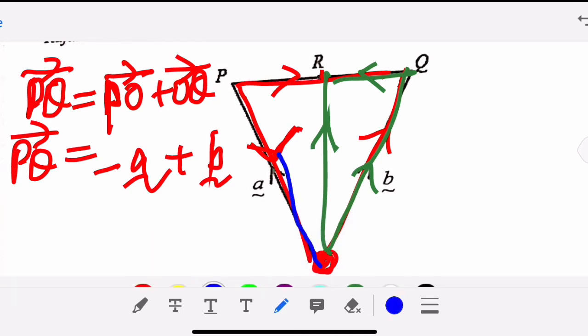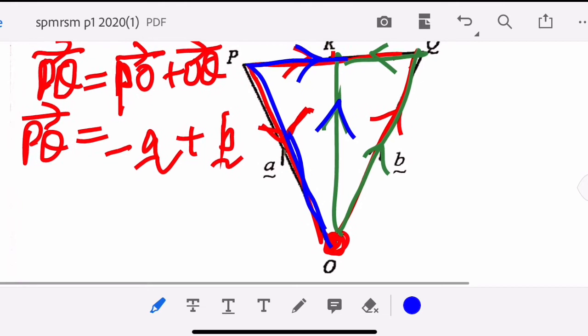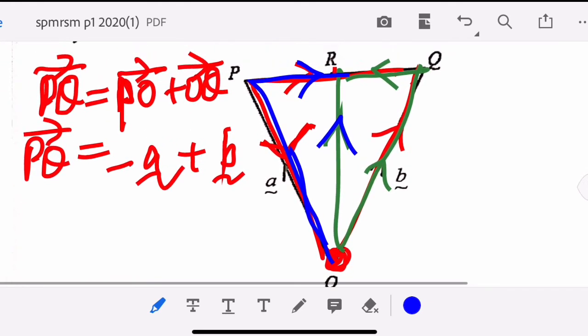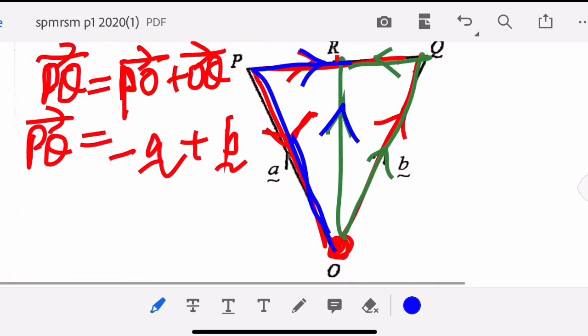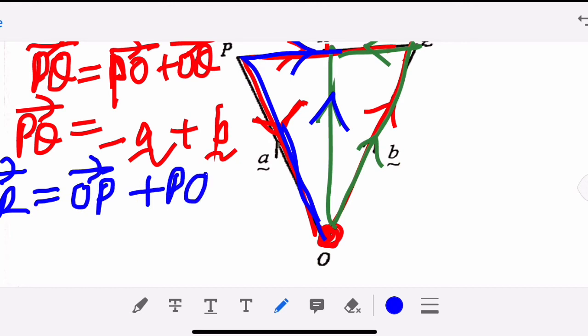If you use OP, you have to use PR. So I think I will use PR because I'm having PQ. If you use the green one, you will have to change the sign for the QP, right? So better follow the direction given. So OR is equal to OP plus PR.